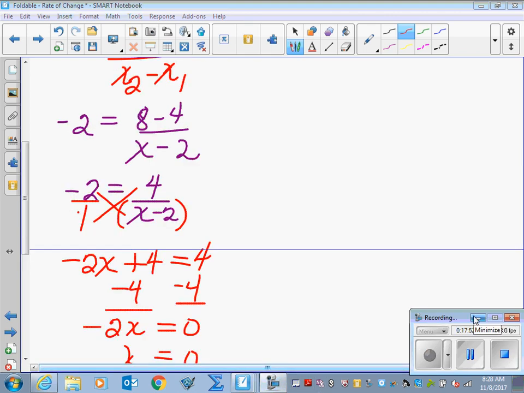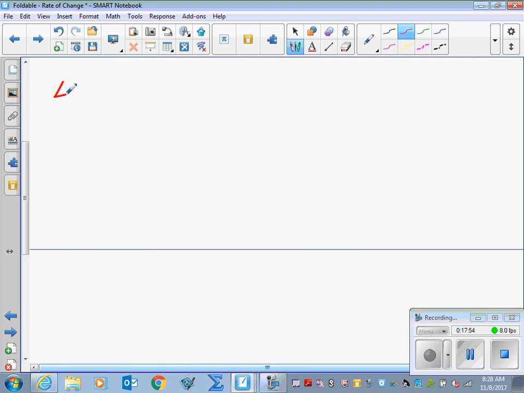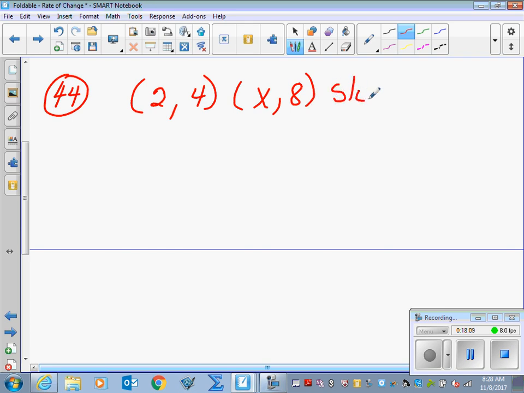All right, so let's take a look at question 44. Okay, 44 says 2, 4, x, 8, and it says the slope is 1/2.